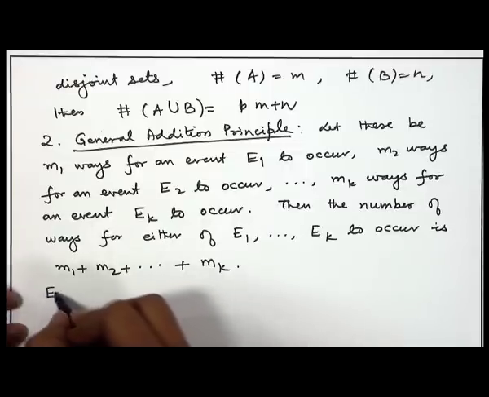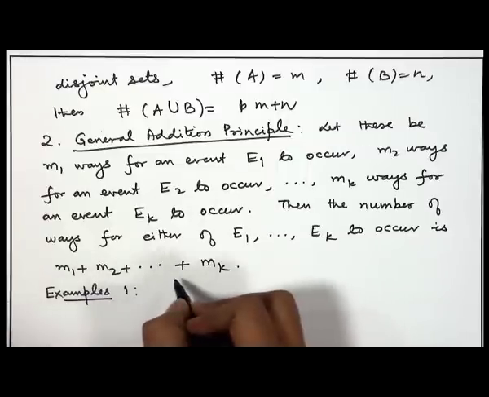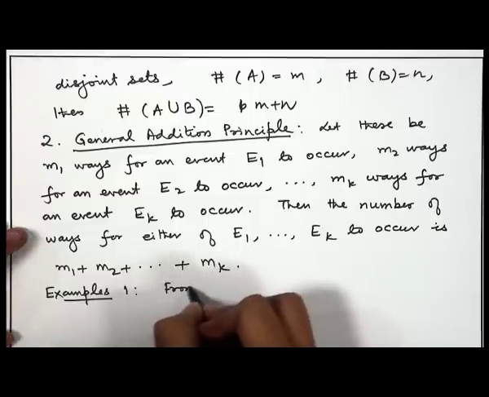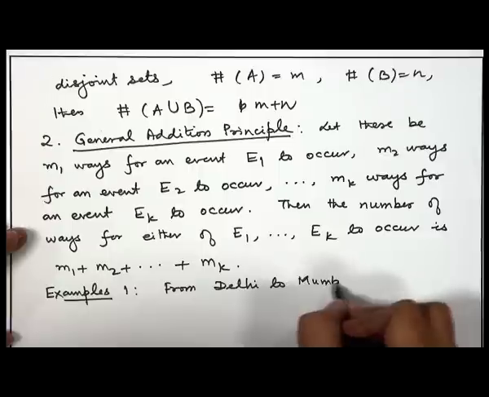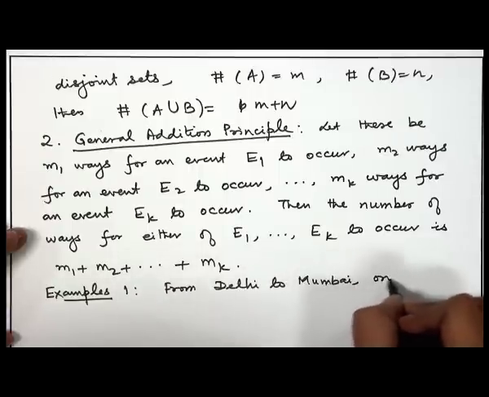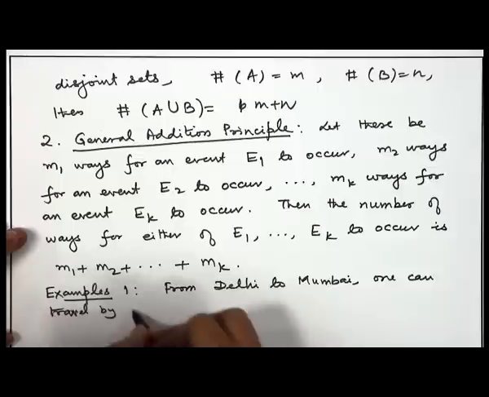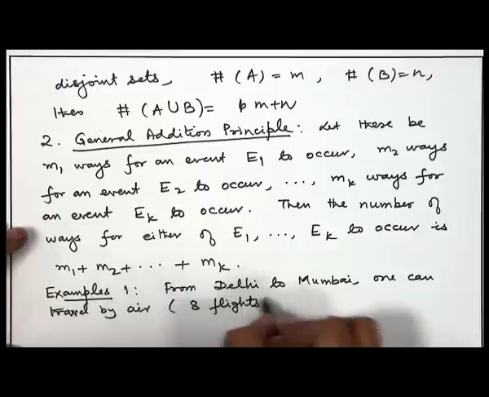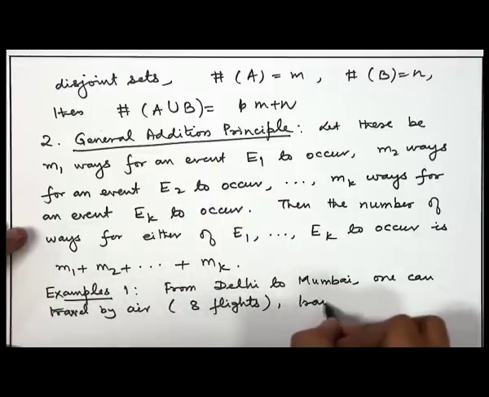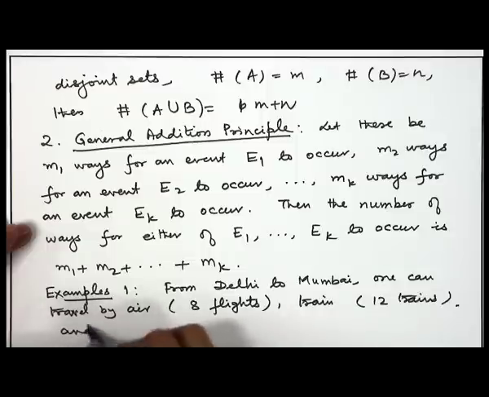Let us consider a simple illustration here. From say Delhi to Mumbai, one can travel by air, that is 8 flights are there, by train, and 12 trains are available, and land.